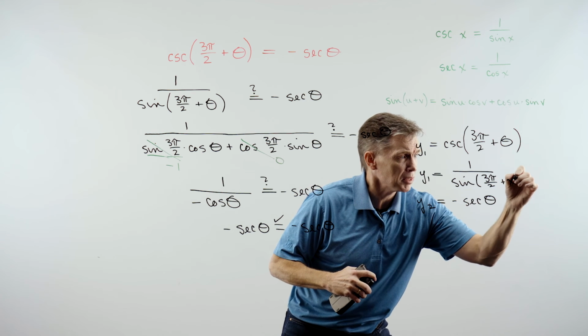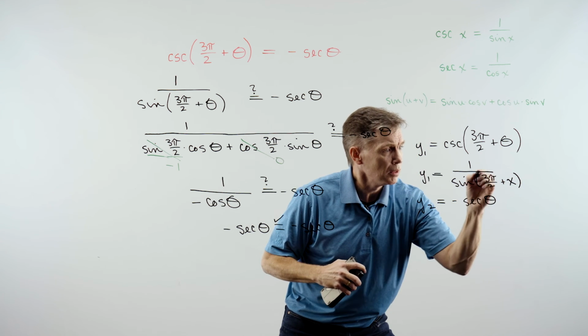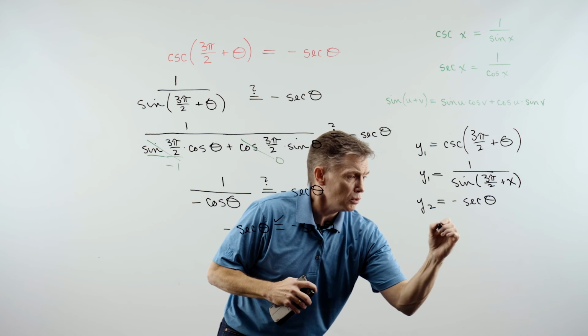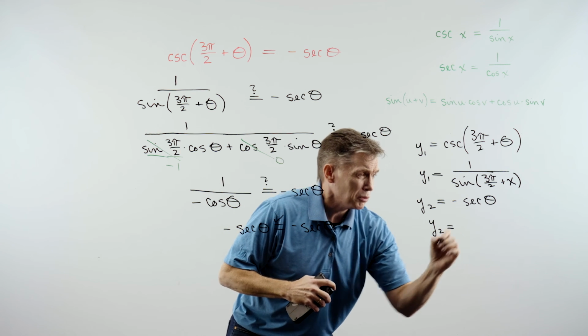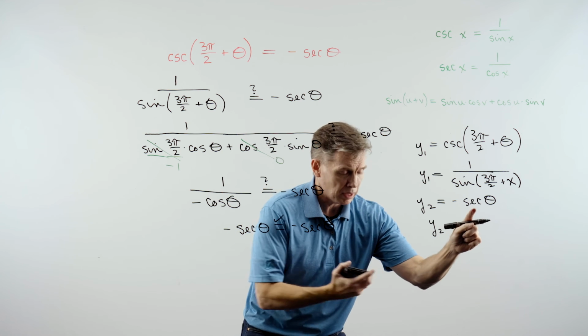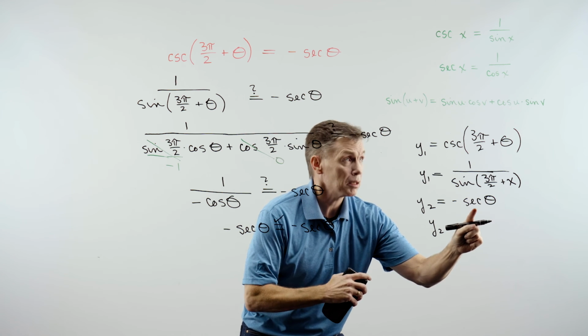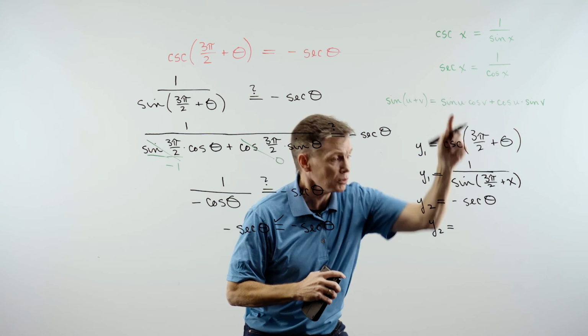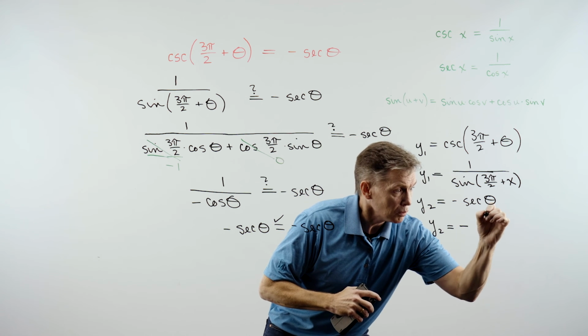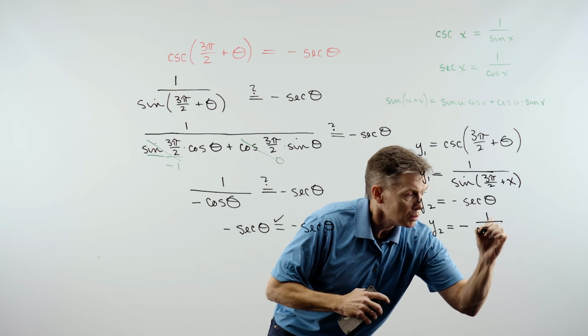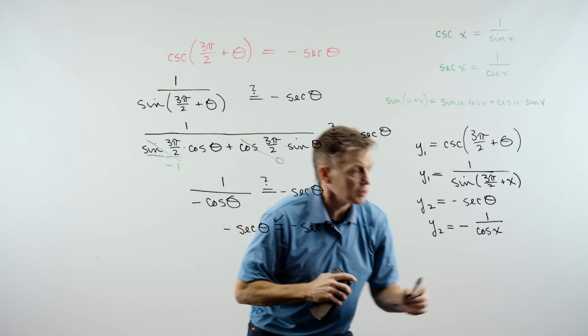Since I'm going to my graphing calculator, I'm going to say x. Okay, and my y sub 2, I have to do the same kind of substitution because I don't have a secant key on my calculator, but secant is 1 over cosine. This is minus 1 over cosine of x.